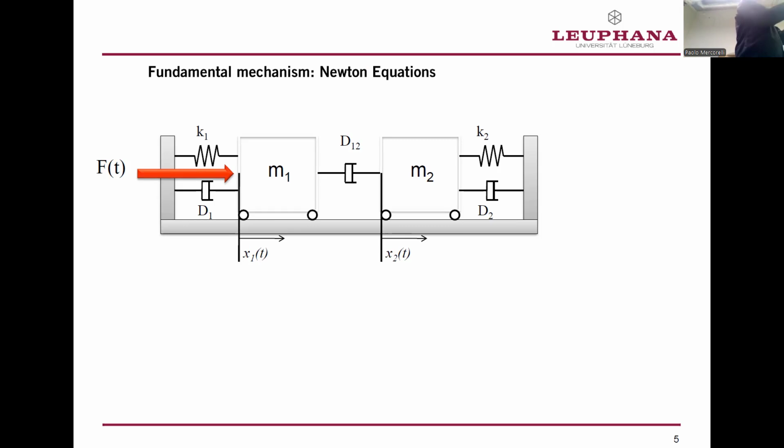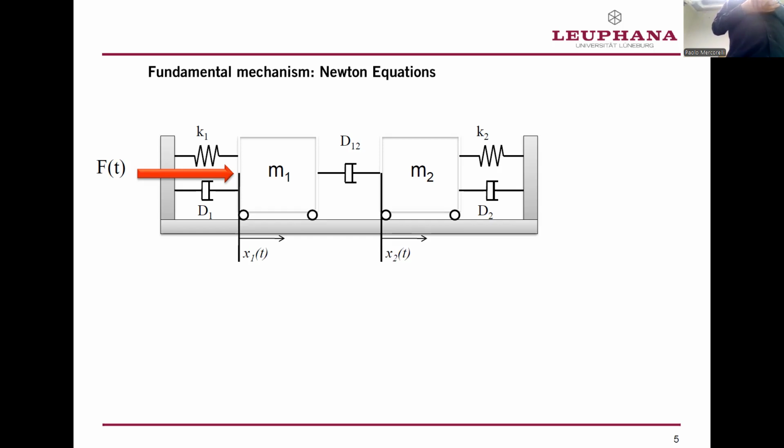What characterizes the movement is the velocity, not the position. Clear, no? Conceptually, if you agree that's against the movement, we have an effect of friction: minus d12 multiplied by the velocity. Better to say x1 derivative.